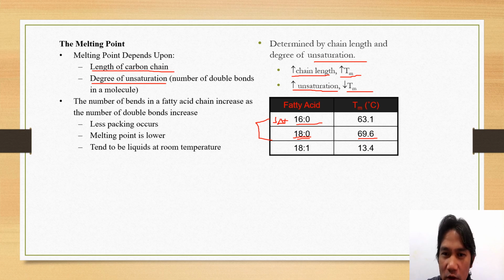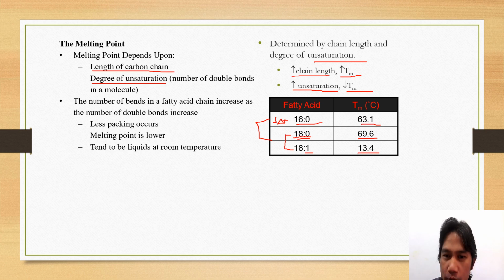The 16 carbon fatty acid exhibits 63.1 degrees Celsius as its melting temperature, while this fatty acid that has 18 carbon atoms exhibits a higher melting temperature, 69.6.